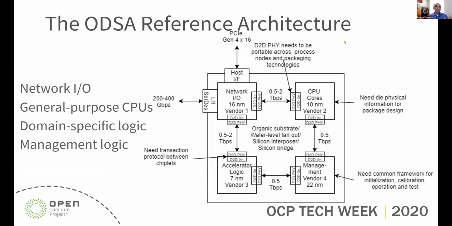Finally, because all of these things are in one package, you need to find a way to integrate their management. One of the options we're looking at is a management chiplet from a completely fourth vendor. This management chiplet has to manage and operate the other three chiplets in the package.